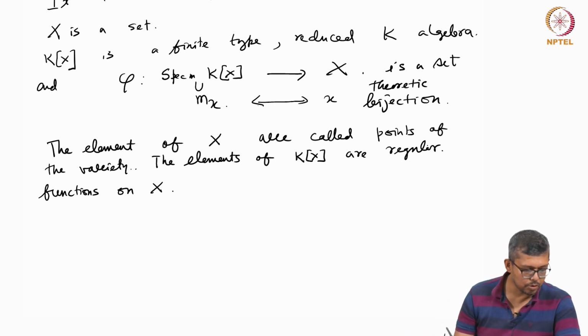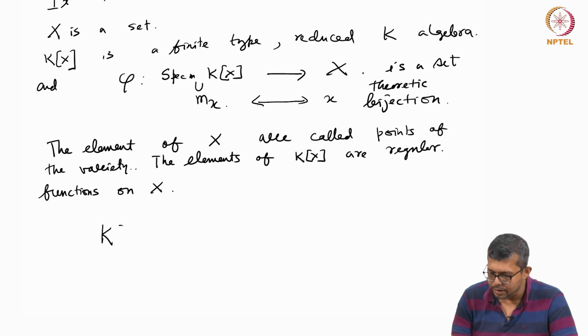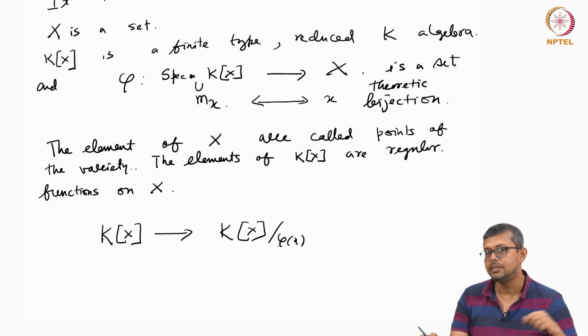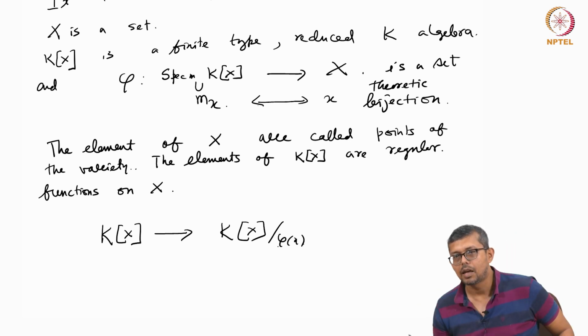How? So, see Kx is a finitely generated algebra, right. So, now there is a map from Kx to Kx modulo Mx. Mx is a maximal ideal, alright.